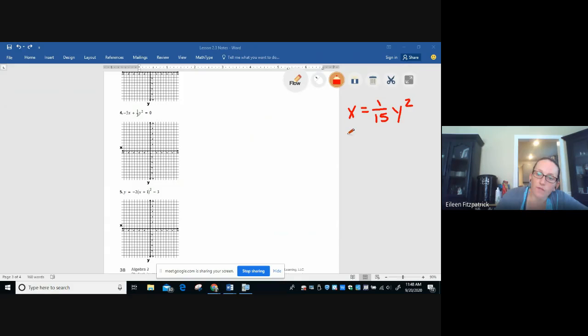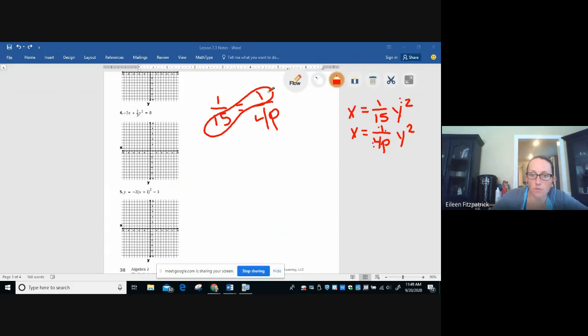Okay, so if I think about x is equal to 1/4p y squared, that'll allow me to solve for the p-value. So remember you set the 1/15 equal to the 1/4p, and that allows you to solve for the p-value. All right, so I have 1/15 is equal to 1/4p.